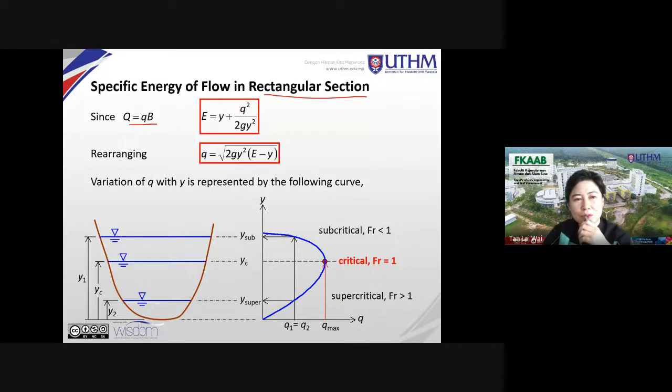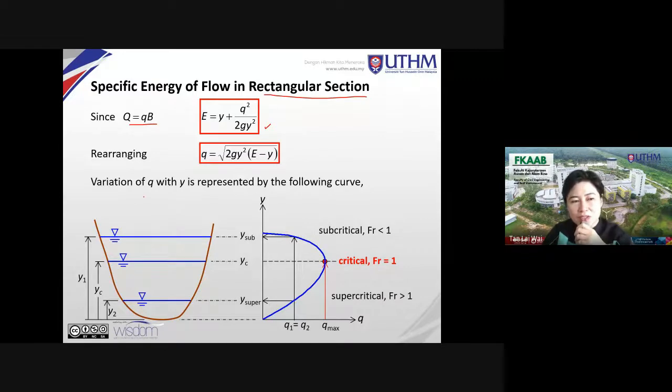Basically, for both the numerator and denominator, you divide by B squared. So you are going to get this expression here. Rearranging this expression, making discharge over unit width the subject of the expression, then you are going to have this.